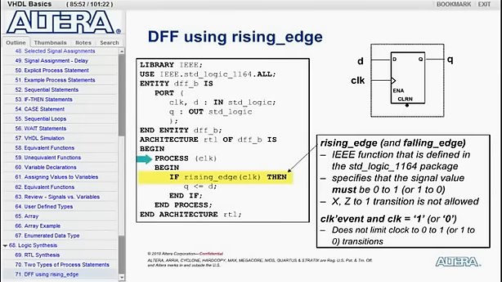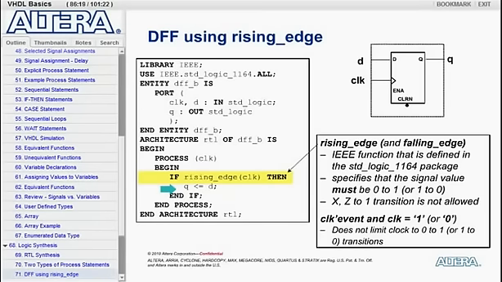If the clock transitions, this process turns on and begins executing. The first line we see in the process is if rising edge clock. Again, that function says, has there been a rising edge on the clock, a 0 to 1 transition? If there has, then Q is assigned the value of D.